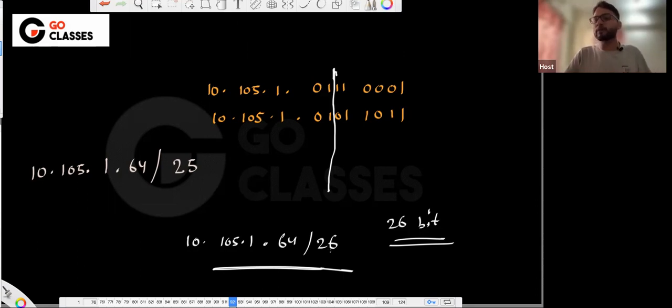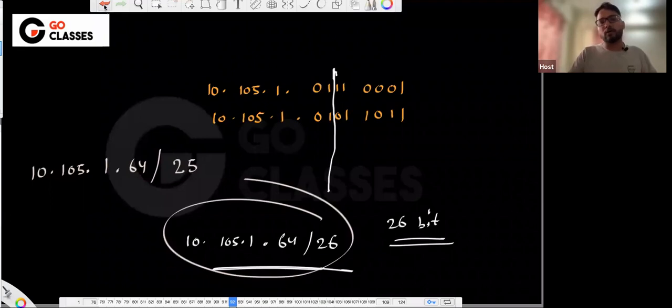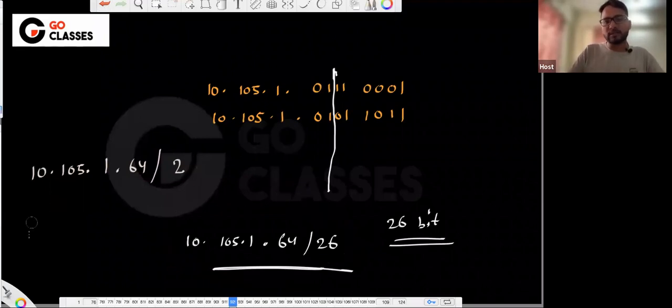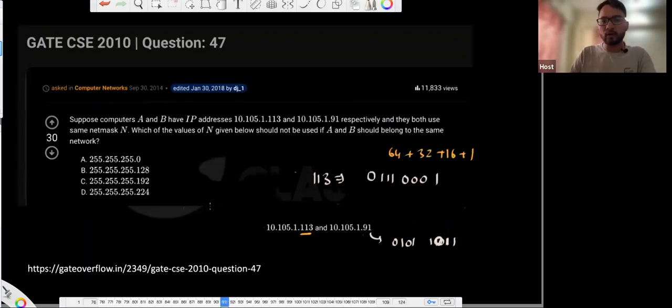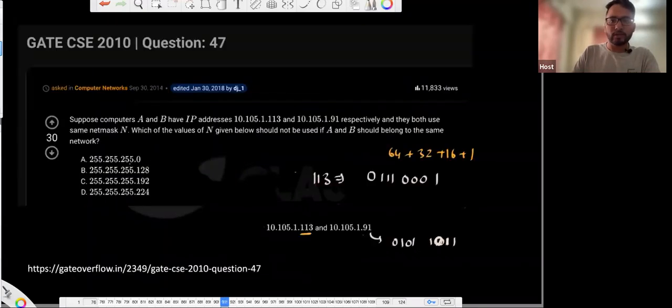You cannot have 27, but you can reduce it. This is just a supernet, I mean this is a bigger network than this. So this network in fact contains this whole network. Okay, just tell me, does this network also contain both of these IP addresses? Yes, right. So basically you can have at most 26. What you cannot have is 27 or something like this.